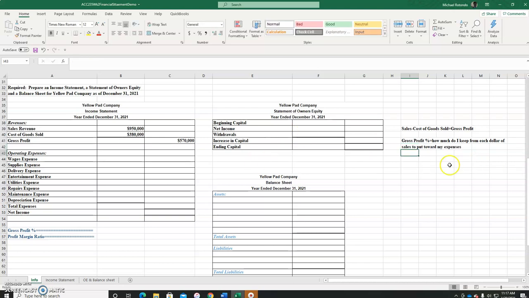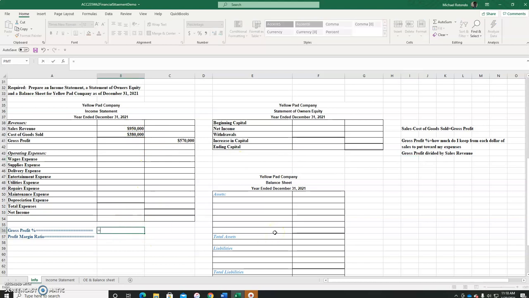Okay, and the way I'm going to do this is I'm just going to take my gross profit and divide it by sales revenue. So my gross profit percentage here is going to be pretty good, probably. So I take my $570,000 and divide it by the $950,000.